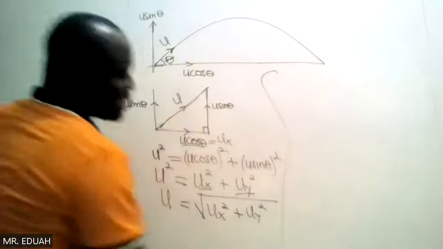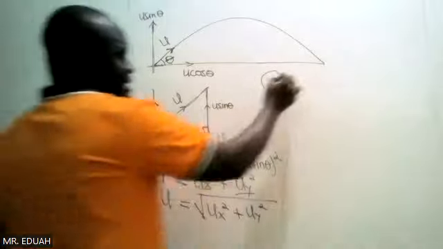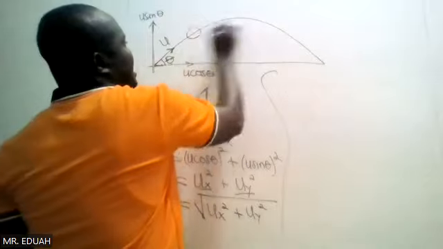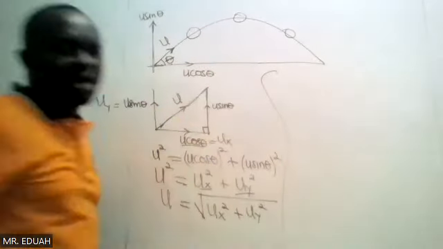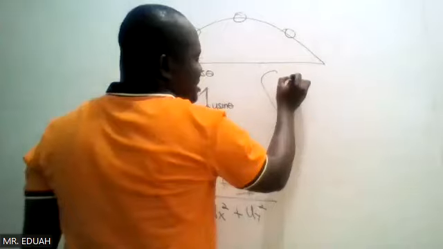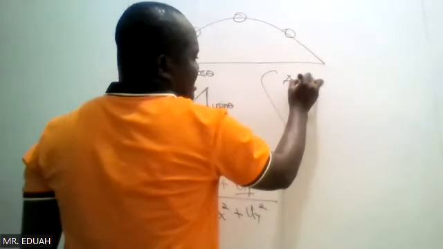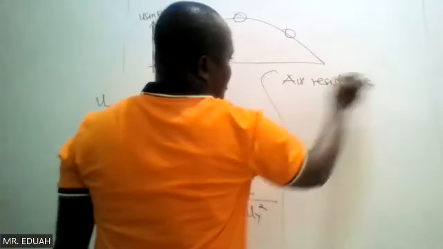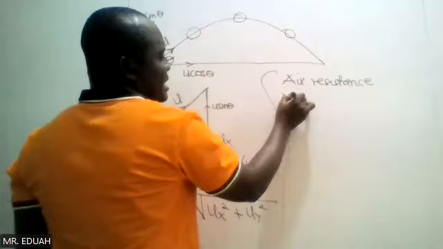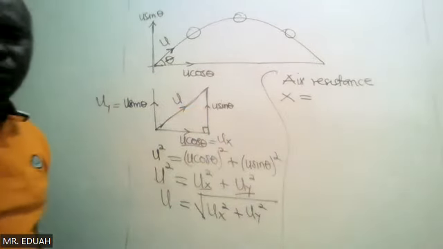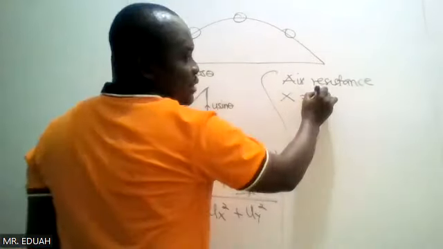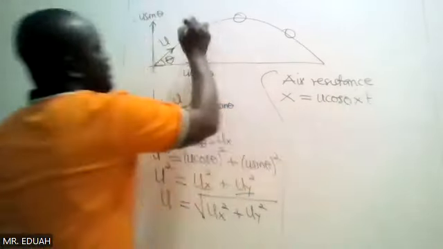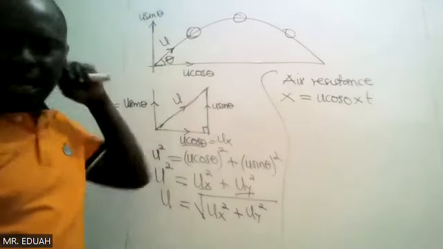Then in projectile motion, horizontal analysis, whenever I'm looking to determine the horizontal displacement, because air resistance is neglected and gravity has no effect, x at any time is equal to the constant speed u cos theta times the time taken for the body to get to a particular point.